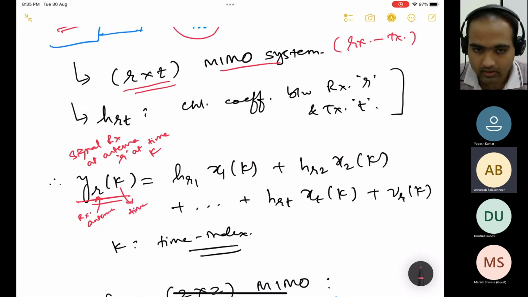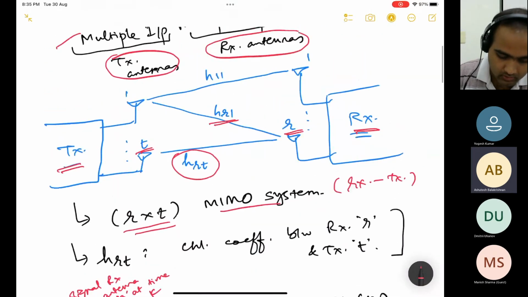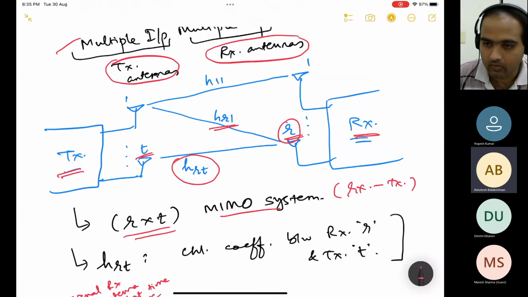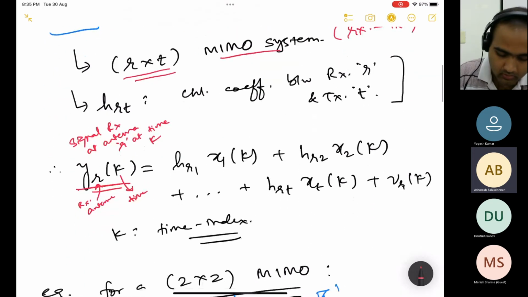Look at what signals are coming at any general receive antenna R. It is capturing the signals from all the transmit antennas. So there will be H_R1, H_R2, H_R3 and so on, and we will have to take all of them into consideration.